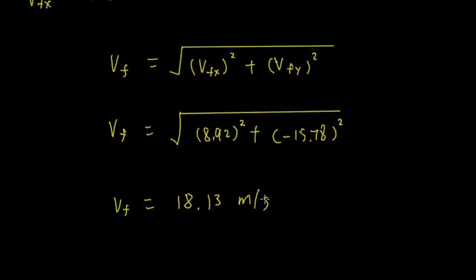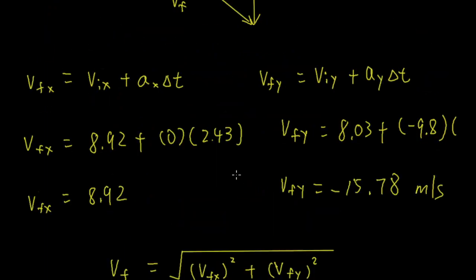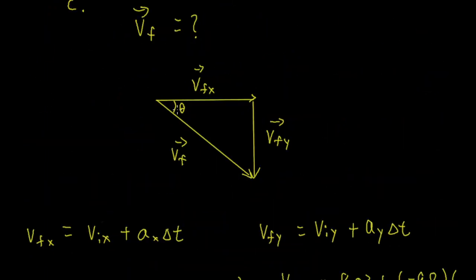Now, we have to calculate the direction as well. So calculate the angle theta below the horizontal. How do we calculate that? According to trigonometry, we can use the tangent. Tangent theta is equal to opposite over adjacent, so V final y over V final x.